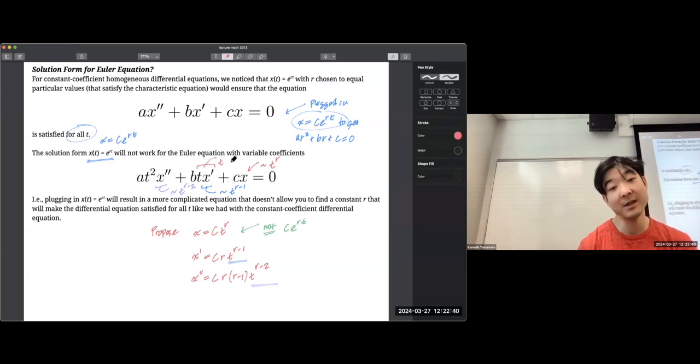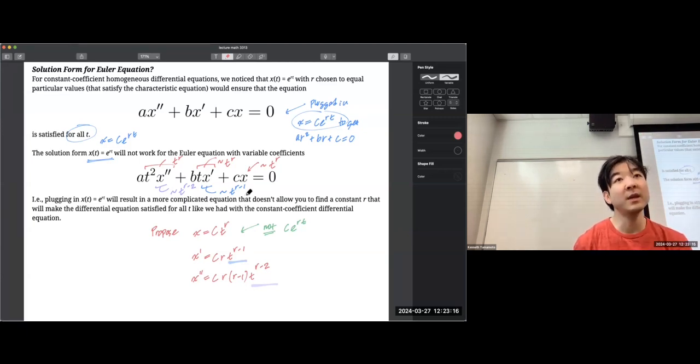This would become a t to the... What is 1 plus r minus 1? R. Just a t to the r. What about these two combined? You have t squared times t to the r minus 2, which would also be a t to the r. So we now have 3 terms that are all going to be t to the r times some constant. So they're all going to have the same form.